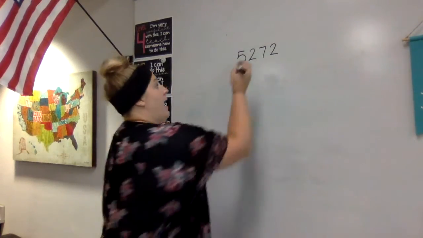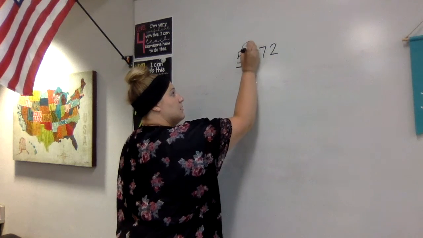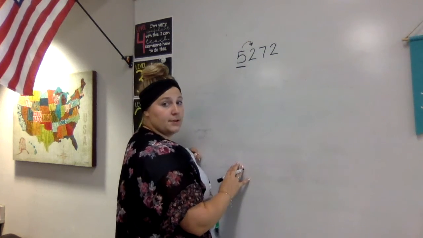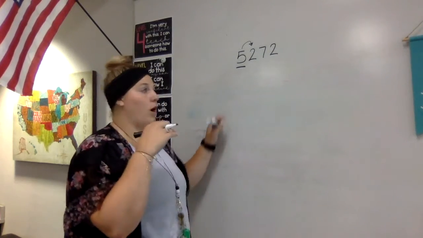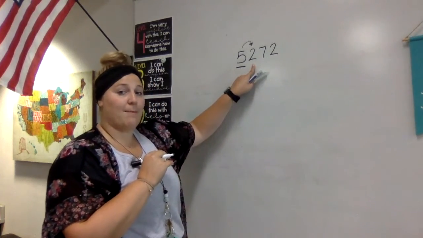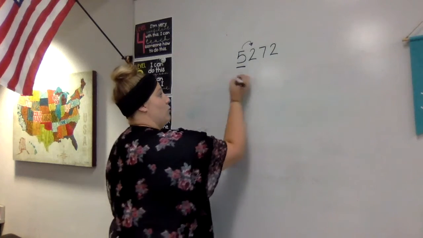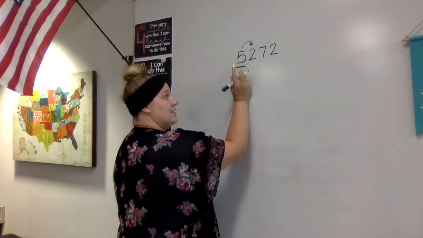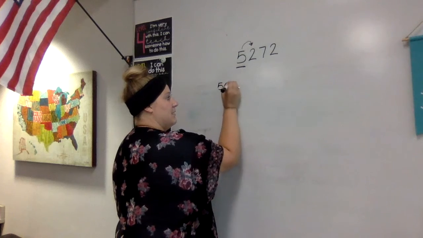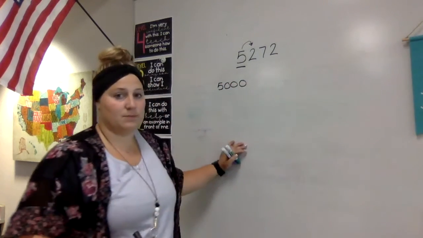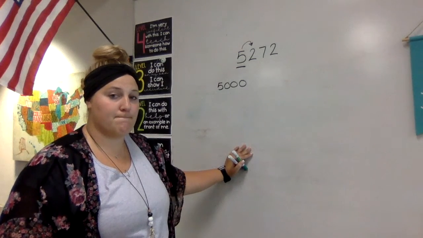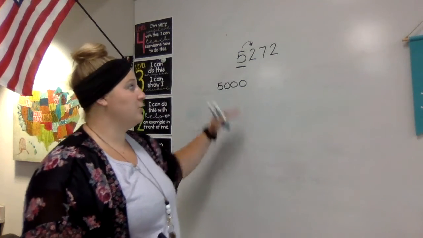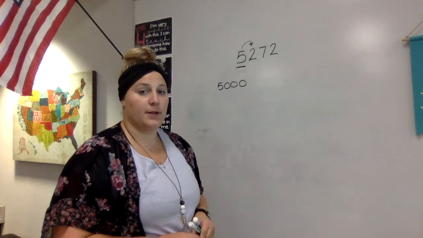I look here. Is that 4 or less or 5 or more? That's 4 or less. So that means this number rounded to the nearest 1,000 is 5,000. I can do it just by looking next door.